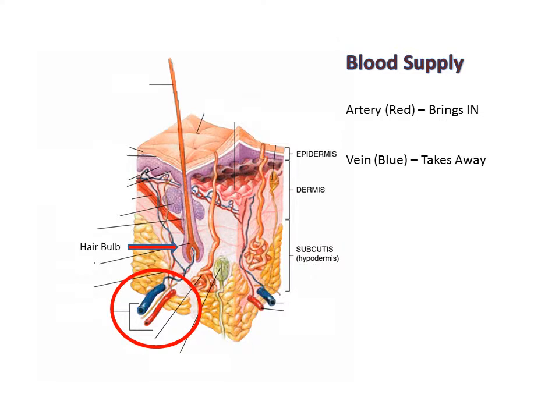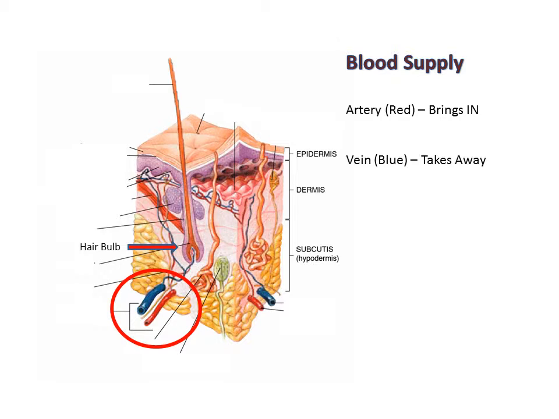Now, hair requires nutrients. And in order to get those nutrients, you need a supply. So our hair down here is called the hair bulb. Just like a flower has a bulb or a seed, your hair has the basic building blocks beginning in the hair bulb, and that needs nutrition.